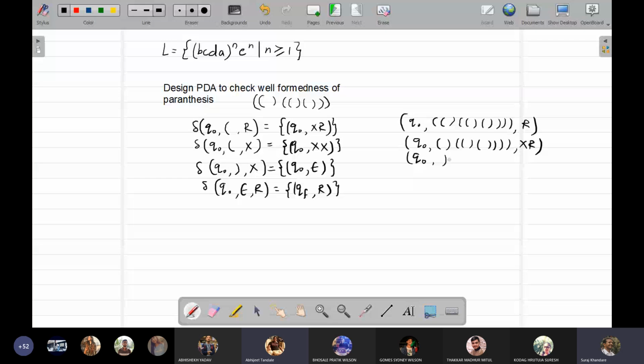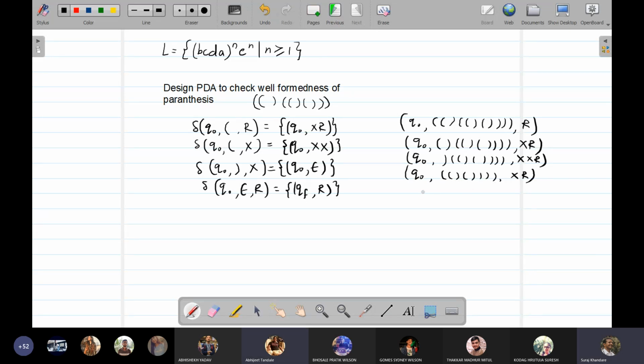Another opening bracket. Then a closing bracket will pop X out of the stack. So we'll have one X only.